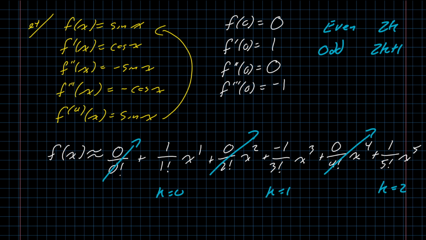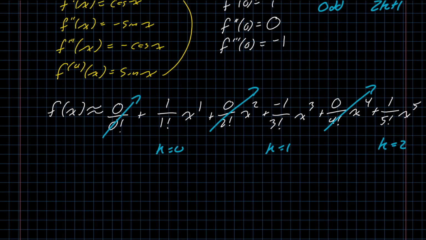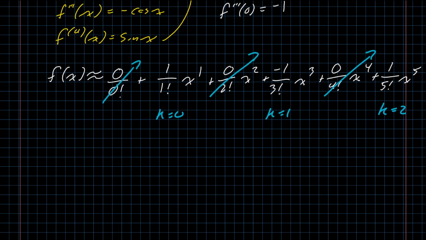So once we use that substitution, we can realize that this first non-zero term, x to the first, is the k equals 0 term. Negative 1 over 3 factorial times x cubed will be the k equals 1 term, and 1 over 5 factorial times x to the fifth will be the k equals 2 term. Why is that useful?